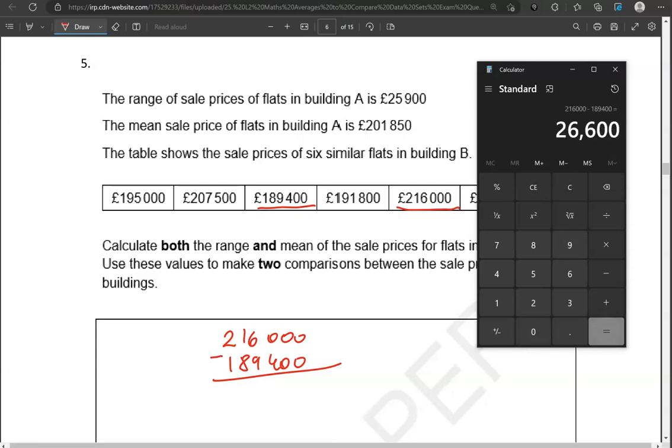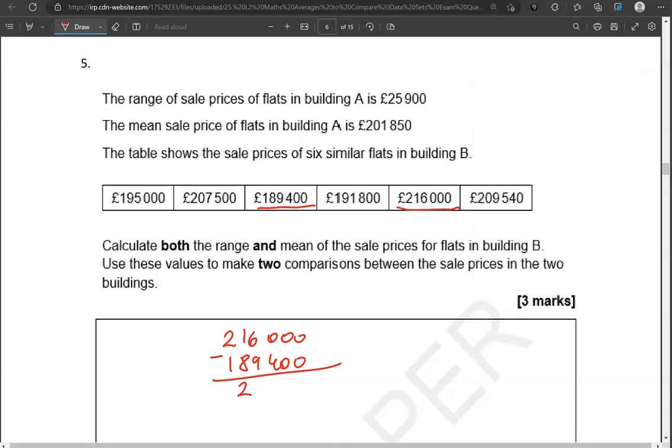Which is £26,600. So that is a higher range than £25,900. Now let's work out the mean.